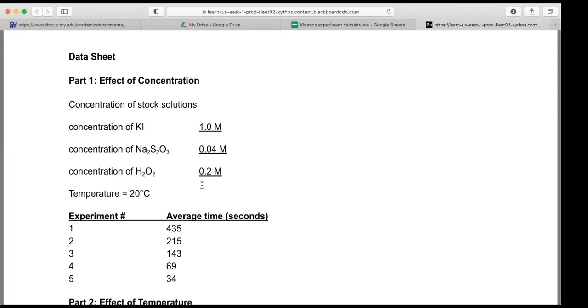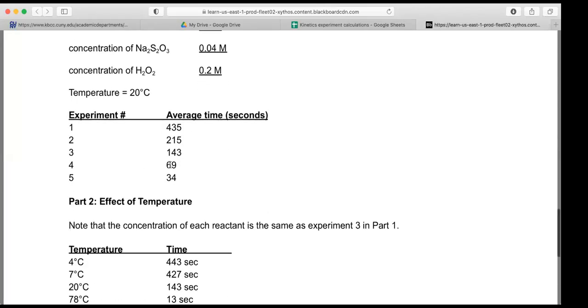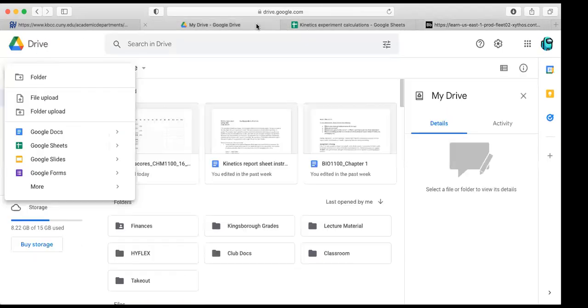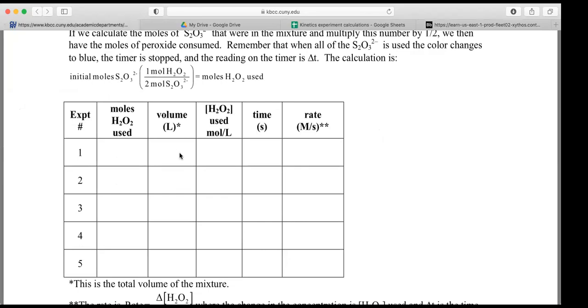So here's this sheet right here, and here's your data for time. 4:35 seconds, 2:15, 1:43, 69, and then 34. So there's your 5 experiments. There's your 5 times. So those numbers you can type back into table 3.